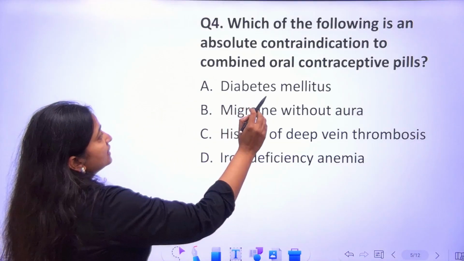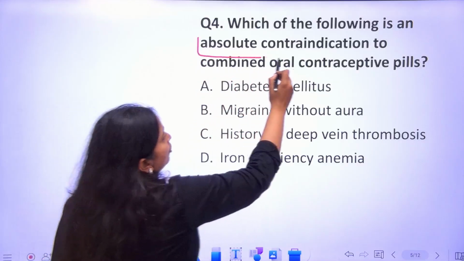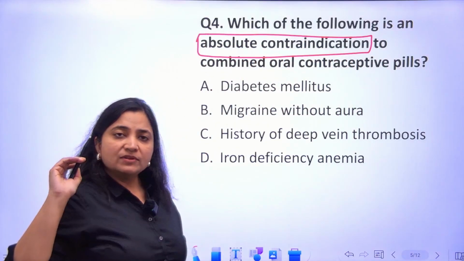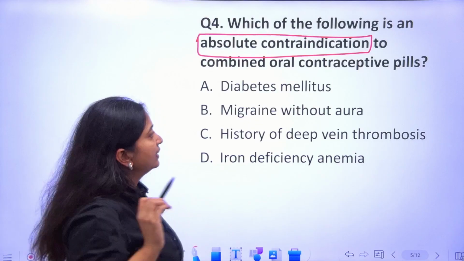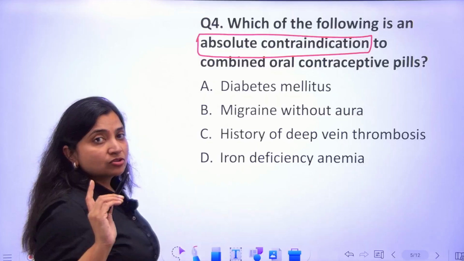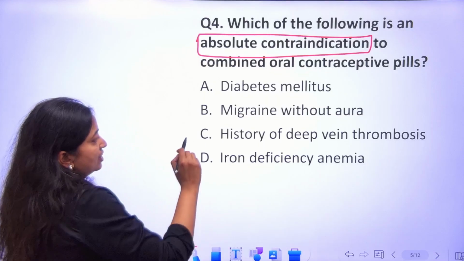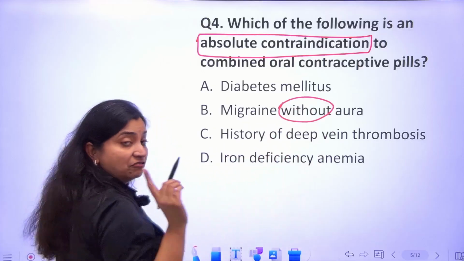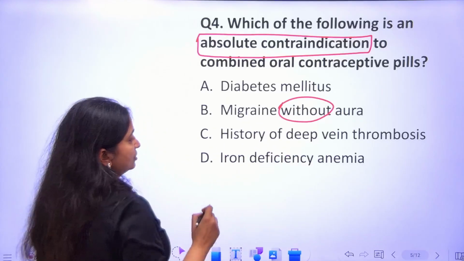Which of the following is an absolute contraindication? Important, absolute. Remember that MEC chart, absolute contraindication to COCs. Diabetes mellitus, no, it is not an absolute contraindication. Migraine without aura, no; migraine with aura is a contraindication.